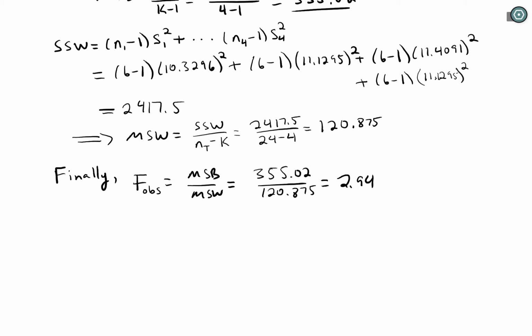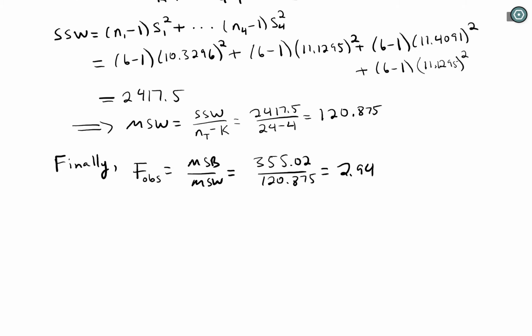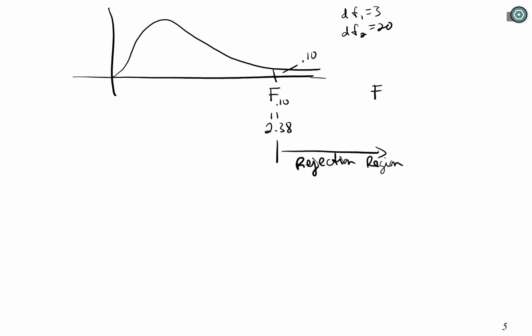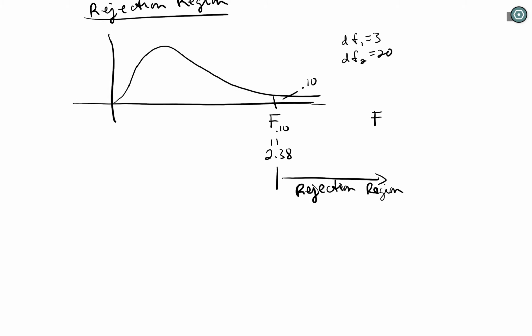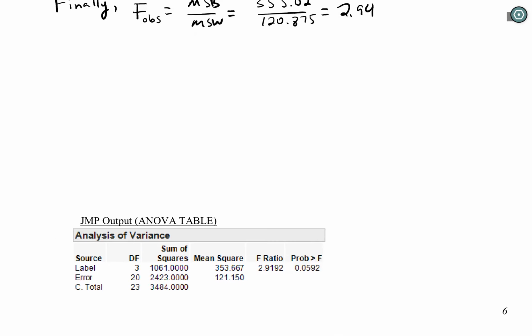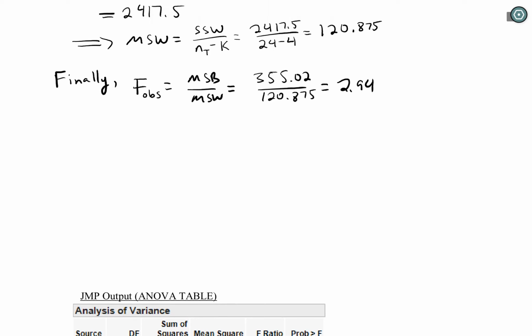Well, large is determined by, does it fall in the rejection region? How does it compare to other F values for that same distribution? So I'm going to go back to my rejection region here. 2.38 was considered large enough for me to reject the null hypothesis. So my test statistic of 2.94 would cause me in this next step, step 4 here, to make a decision of rejecting the null hypothesis.